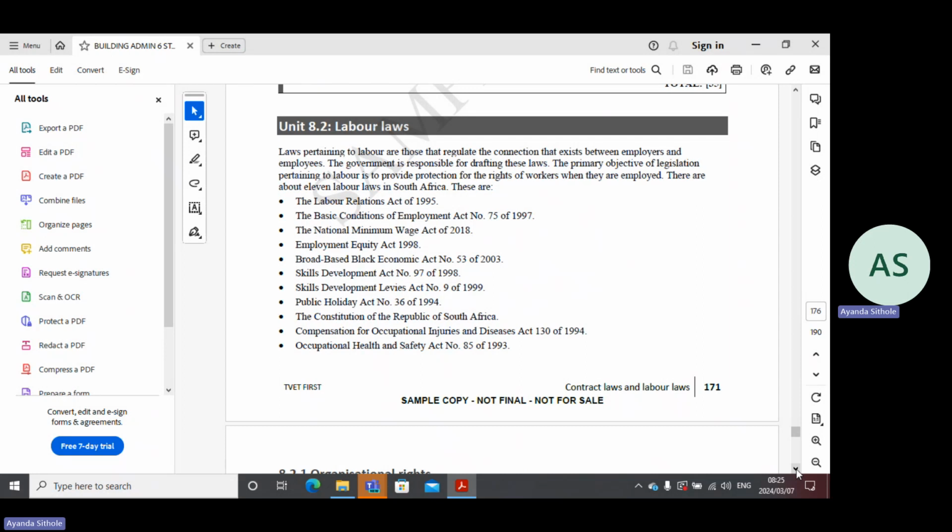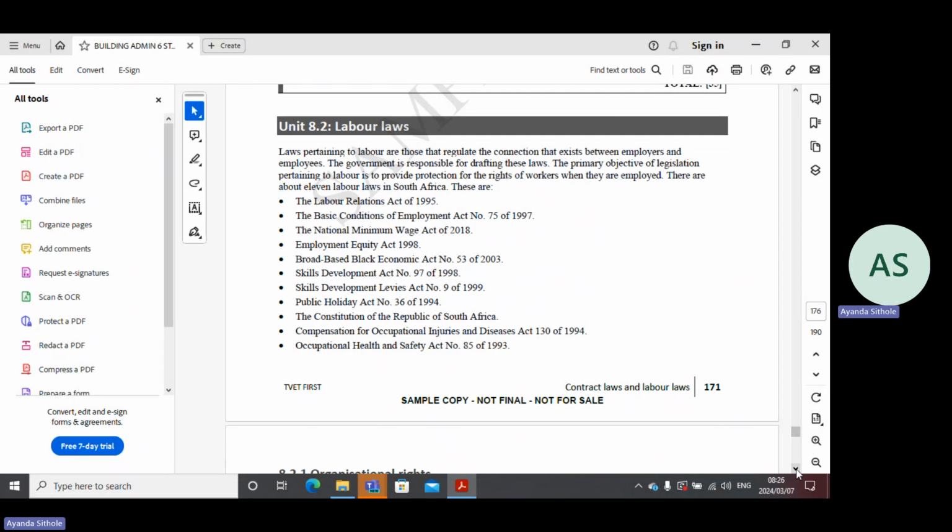So as we all know, there is a law that must act between employer and employee. The government is responsible for drafting this law. The primary objective of legislation pertaining to labor law is to provide protection for the rights of workers when they are employed. There are about 11 labor laws in South Africa. So, guys, it is important to know your labor laws.